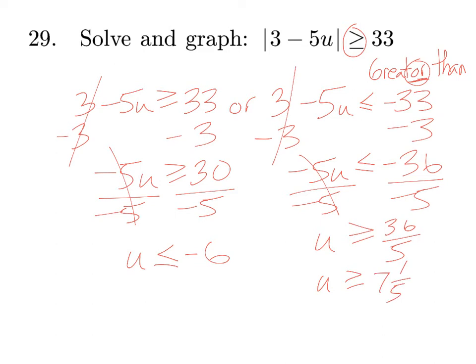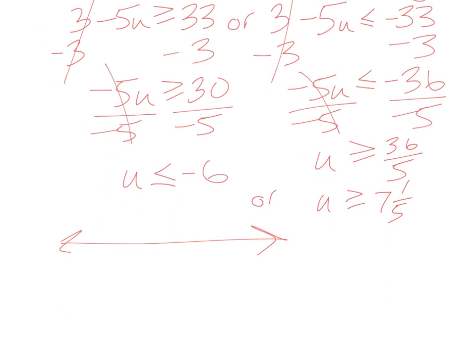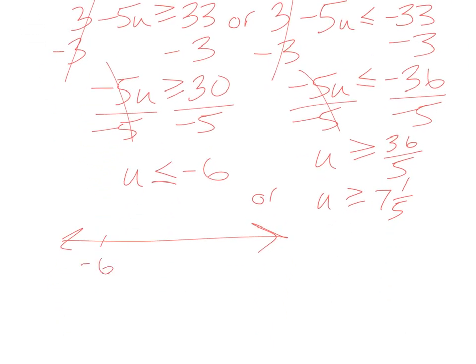All right, and these are connected once again by an OR. So I'm going to go to the number line. Here I have negative 6. It's less than or equal to, solid dot, going to the left. And then 7 1/5. It's going to be solid once again because it's equal to, I'm going to the right. Now to the next example.